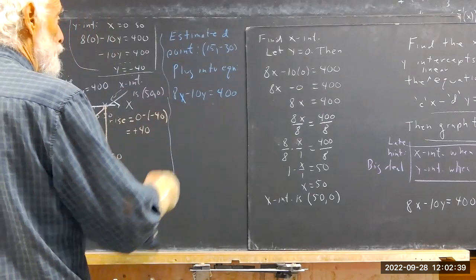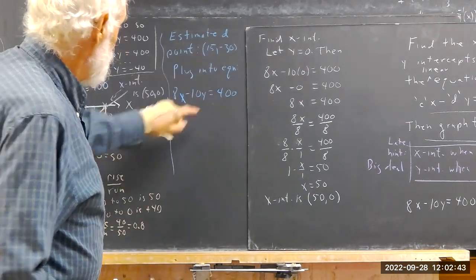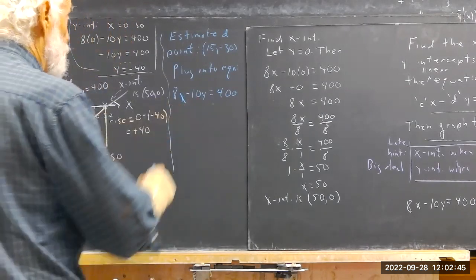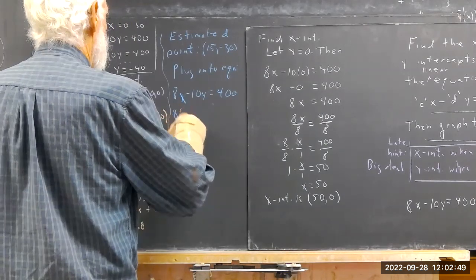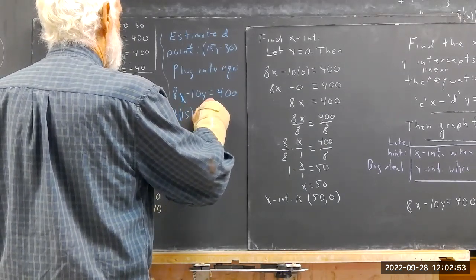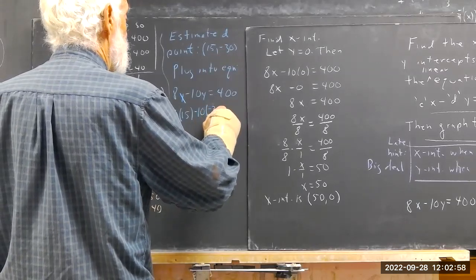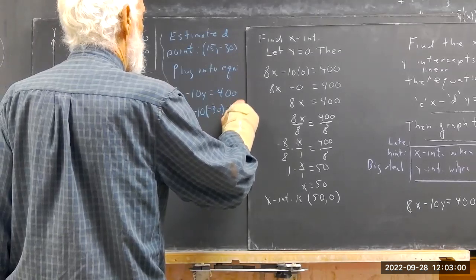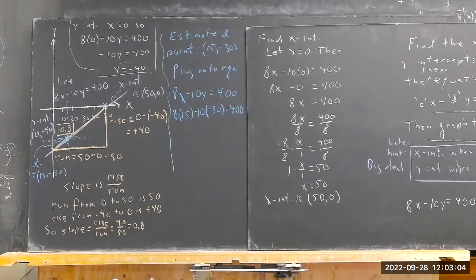Bad looking x. Okay, that means this is x. It's going to go in there where x is. So we're going to write 8 times 15 minus 10y. Y is negative 30. Here's what we've got.